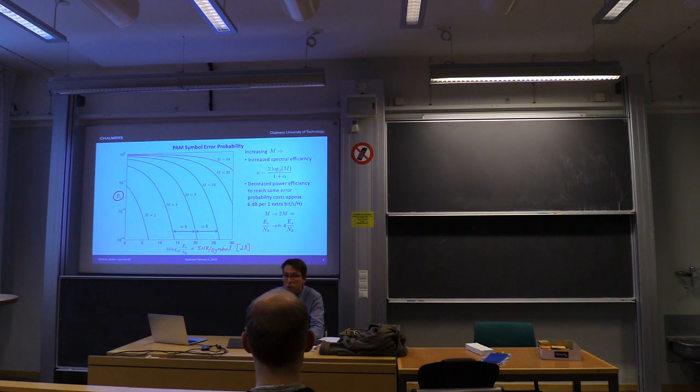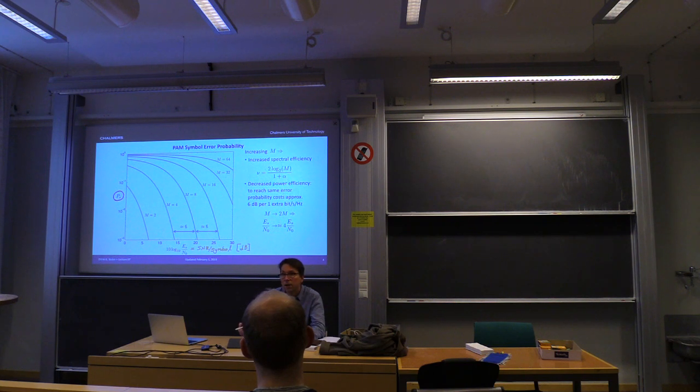Okay, so then we can start to plot things, and if we plot performance when M is equal to 2, that is, we transmit 1 bit per symbol, then the symbol error probability decreases as we expect it to do, as the signal to noise ratio increases. Okay, so we get a certain spectral efficiency, and the spectral efficiency, we computed that earlier to be 2 times log2 of M, where log2 of M is the number of bits we transmit per symbol, divided by 1 plus alpha.